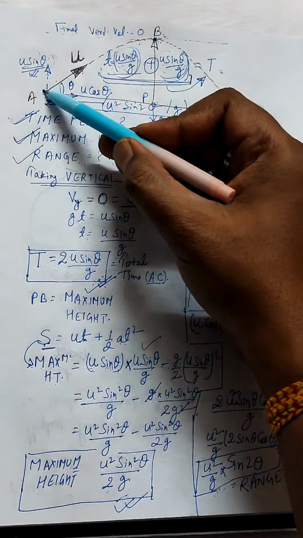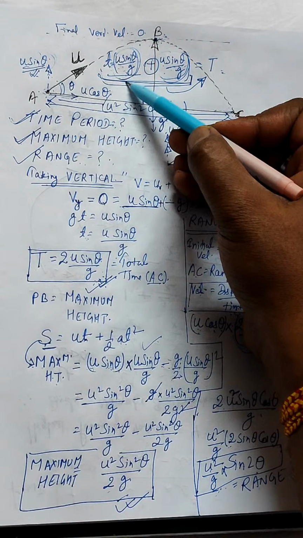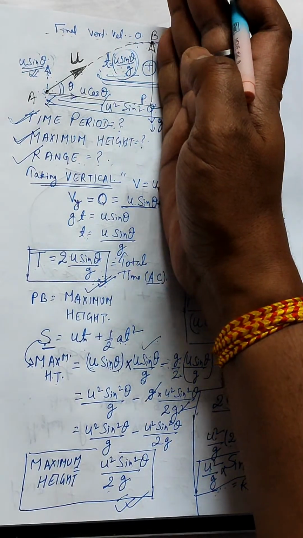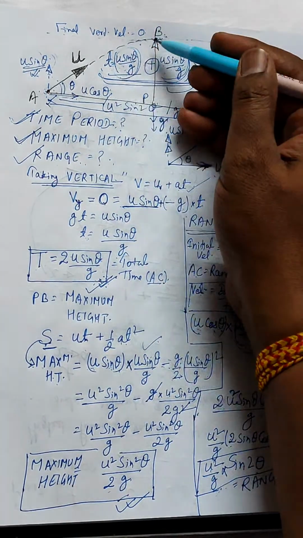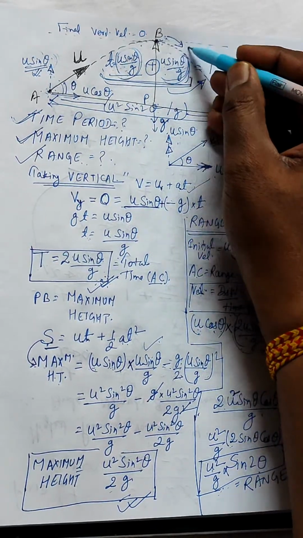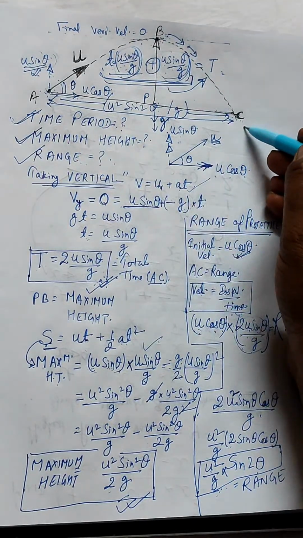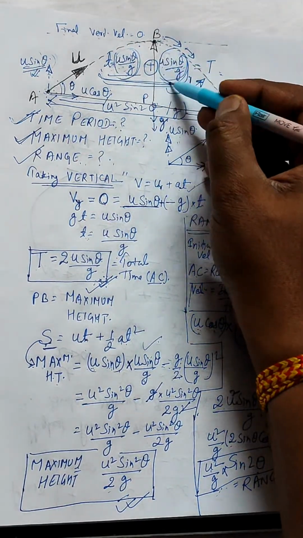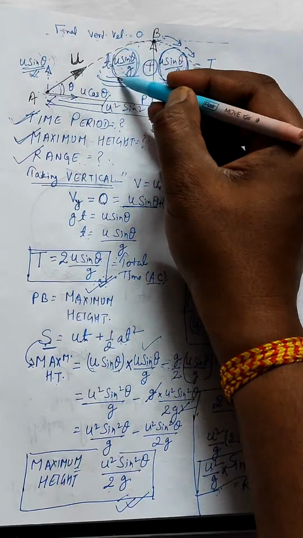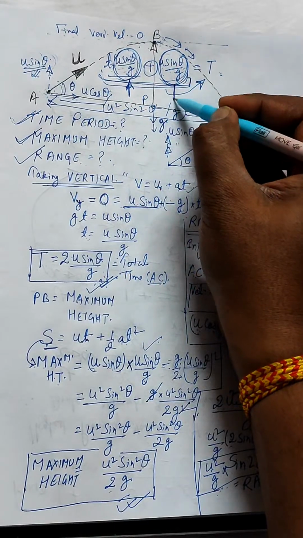But mind it, from A to B, the time which you have derived, u sin theta by g, is half of the time required by the projectile for the complete flight. After that, the projectile will go like this and start its downfall. From B to C, it will take another time period of u sin theta by g. So u sin theta by g upward and u sin theta by g downward.